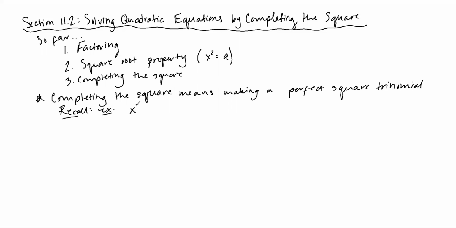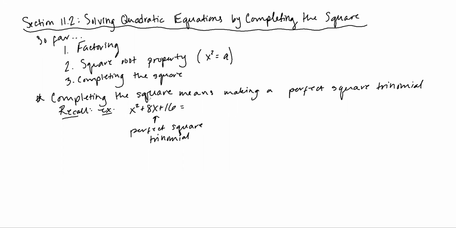Now, this is a perfect square trinomial. And so let's see a couple reasons why. This last number here should always be a perfect square, which 16 is, it's 4 squared.